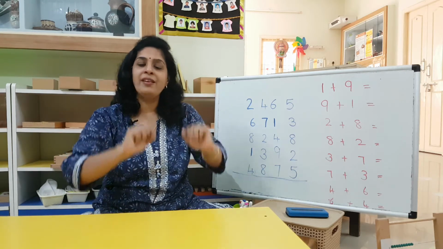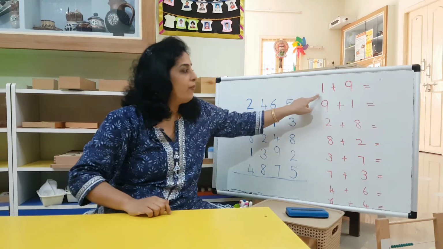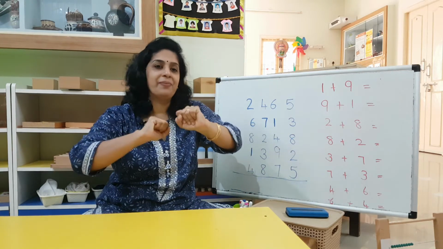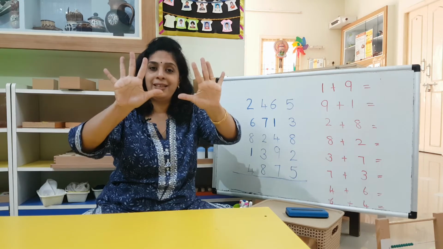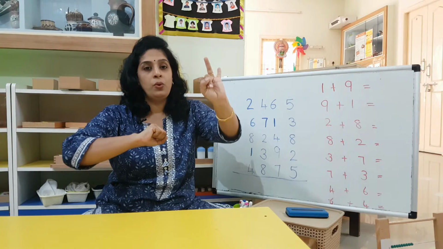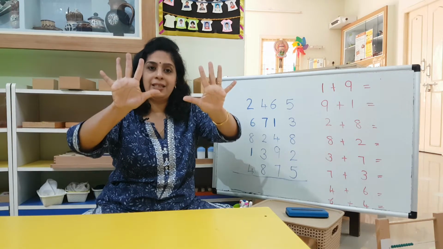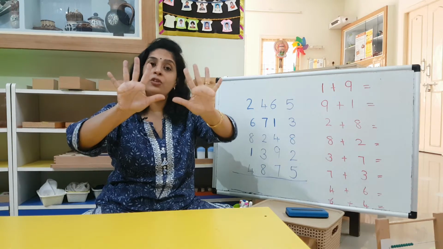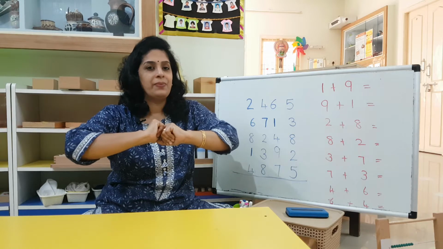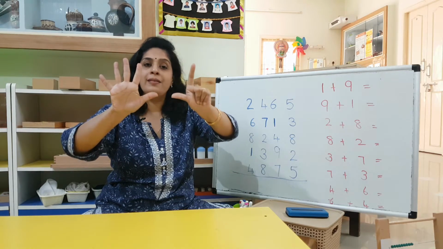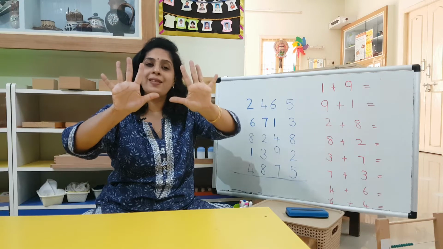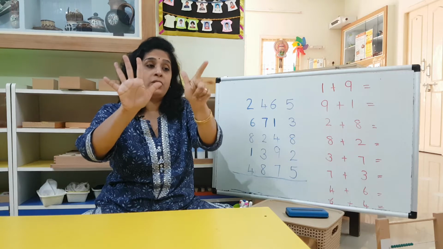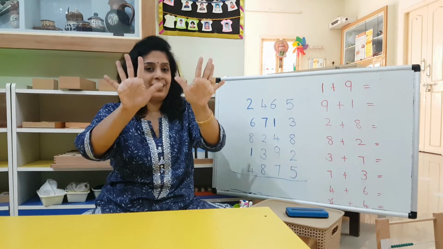Right? 5 plus 5 is 10. 1 plus 9 is 10, or 9 plus 1 is 10. 2 plus 8 is 10, or 8 plus 2 is 10. 7 plus 3 is 10. 6 plus 4 is 10.